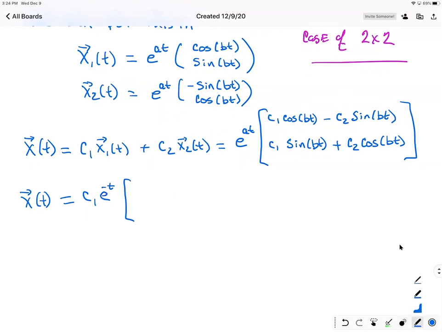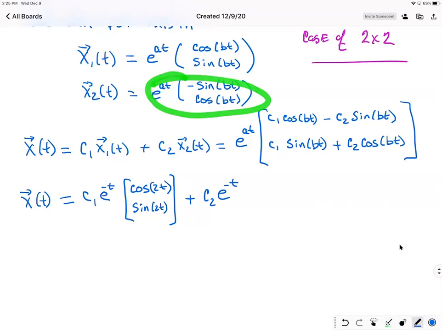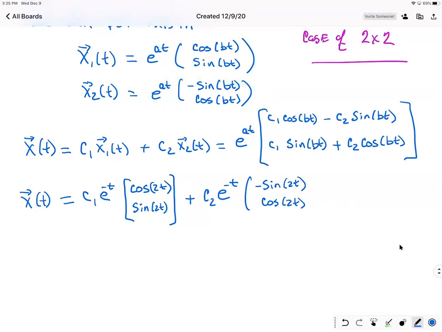I almost wrote two c1s, which would have been no good. c1 e to the minus t times cosine of 2t minus, let me put this part first, sine of 2t, and then plus c2 e to the minus t, and the same idea, copying this one down. So minus sine of 2t, cosine of 2t.